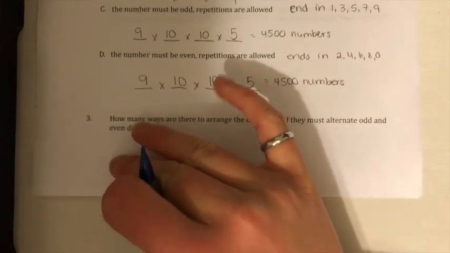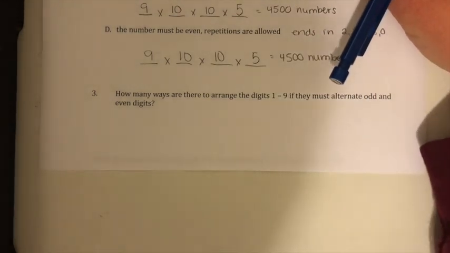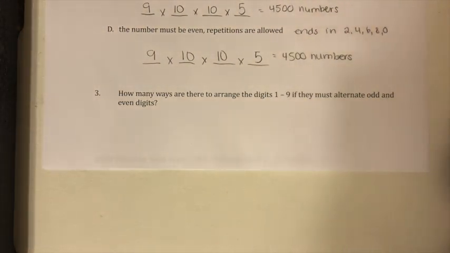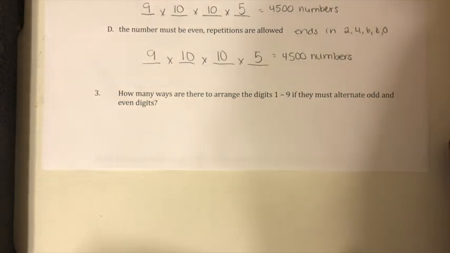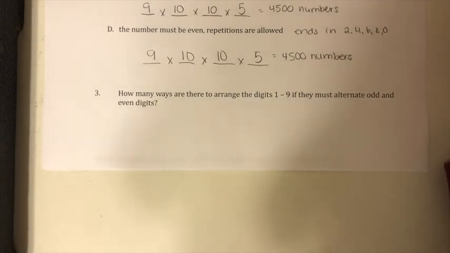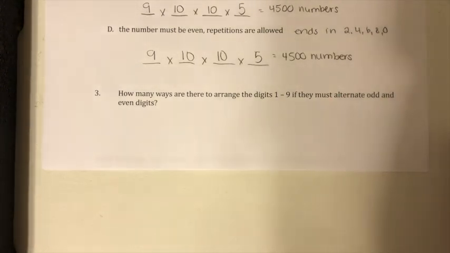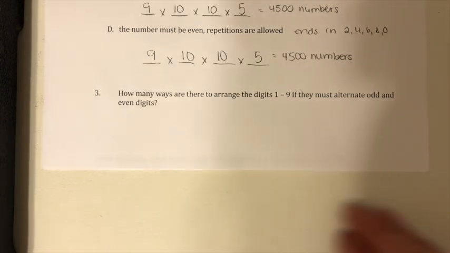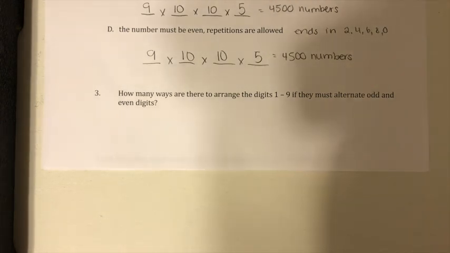Okay, so the last thing here we're going to look at is how many ways there are to arrange the digits 1 to 9 if they must alternate odd and even digits. So we're taking all the digits, we're putting them in some order. Each order is going to be unique, right? A digit that would start with like a 9 is more preferable than a digit that starts with, I don't know, a 1, if we're talking bank account numbers.